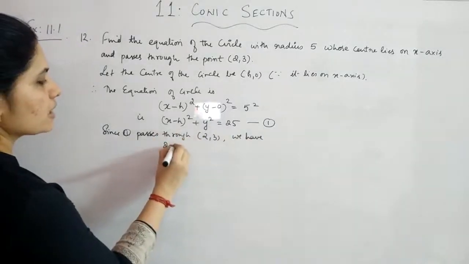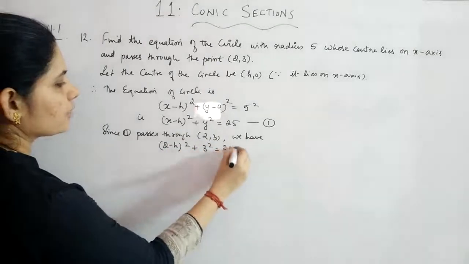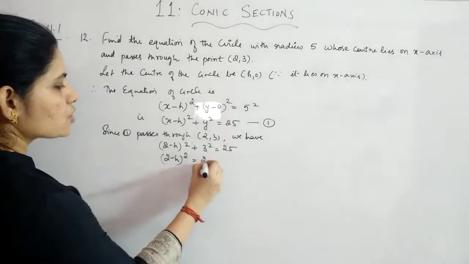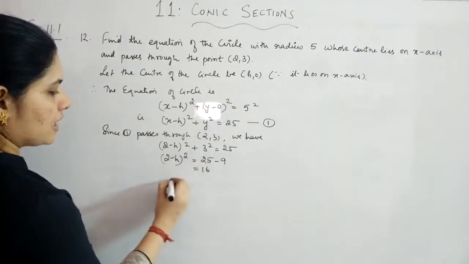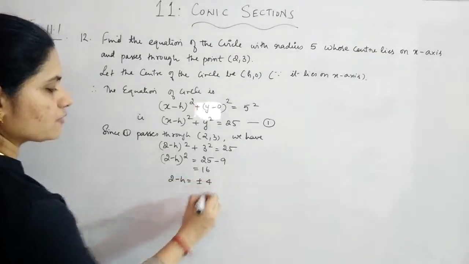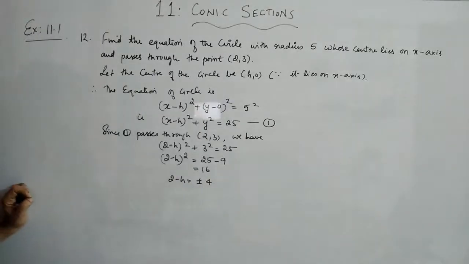So we'll get 2 minus h the whole square plus 3 square is equal to 25, or 2 minus h the whole square is equal to 25 minus 9, which is 16, and you will get 2 minus h to be plus or minus 4. 2 minus h the whole square is 16 means 2 minus h can be either 4 or minus 4.